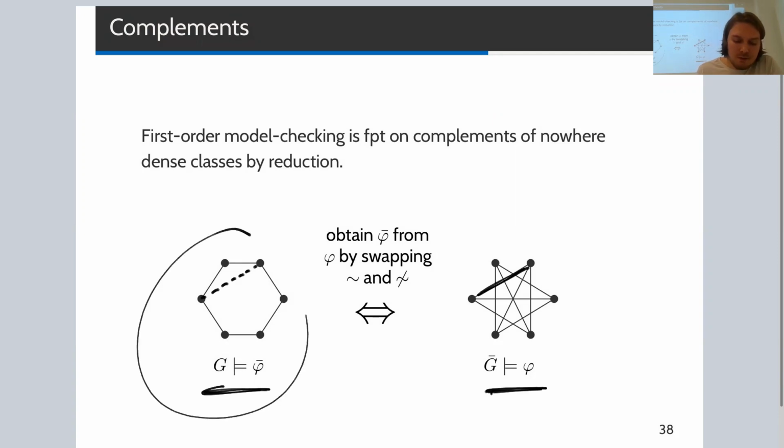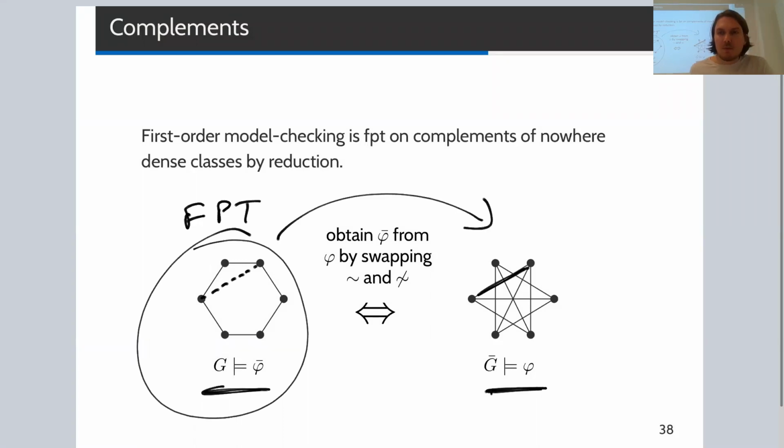And here, if this is coming from a sparse graph class, you can do FPT model checking, and the length of the formula phi bar is still constant. So this then gives you the answer for the dense class. So very simple argument that shows that you can do FPT model checking on complements of nowhere dense graph classes.